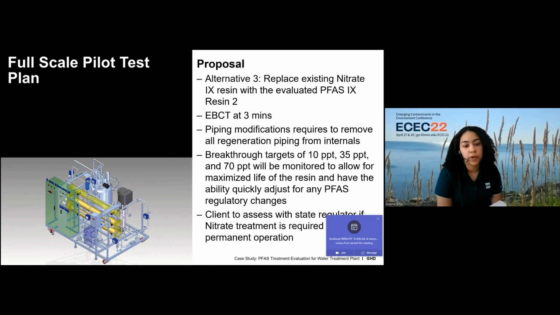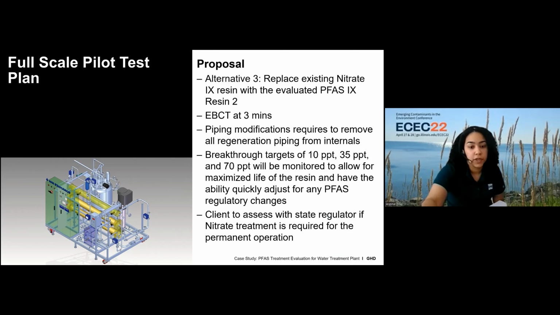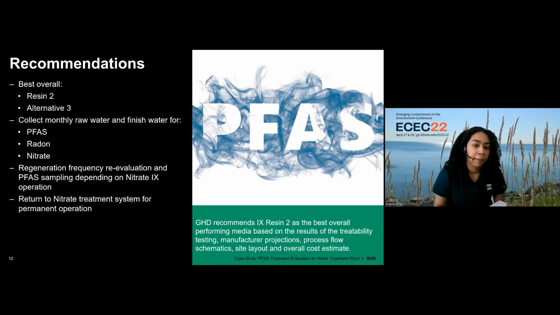And lastly, we recommended that the removal of nitrate treatment be approved by the state regulators, whether that should be removed or not from the system, seeing as the levels were reaching the required 5 milligrams per liter without treatment. Overall, like I said, we recommended resin 2, alternative 3.